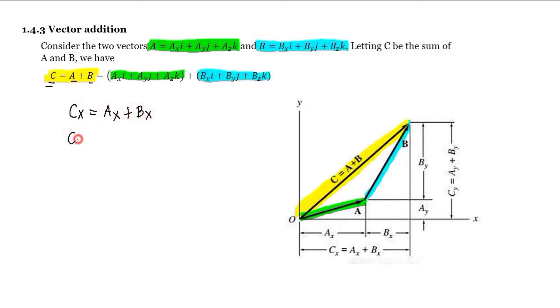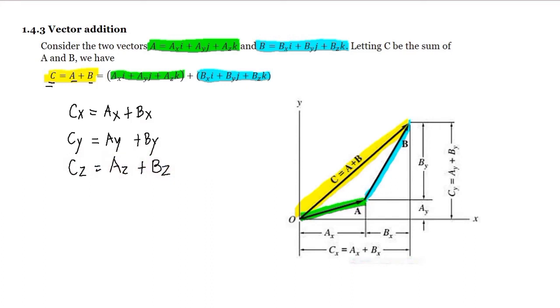For the Y component of the resultant C, that is just equal to Ay plus By. And for the Z component, that is just equal to Az plus Bz.